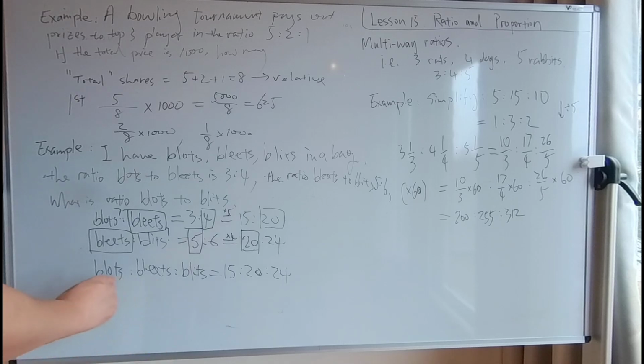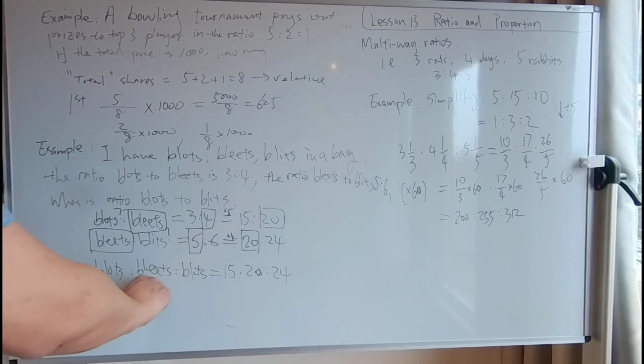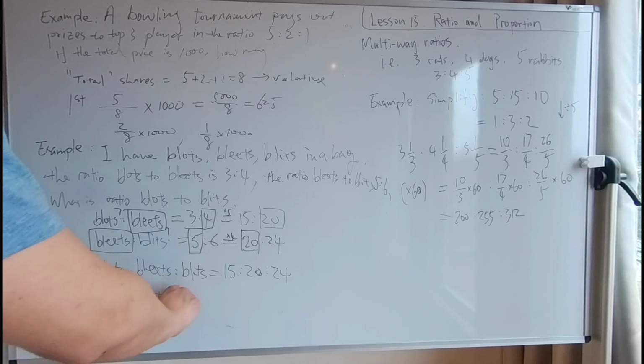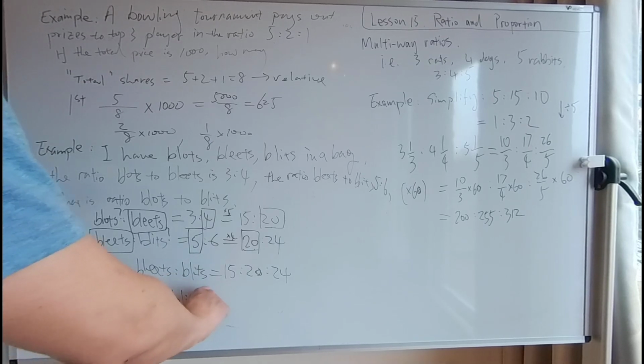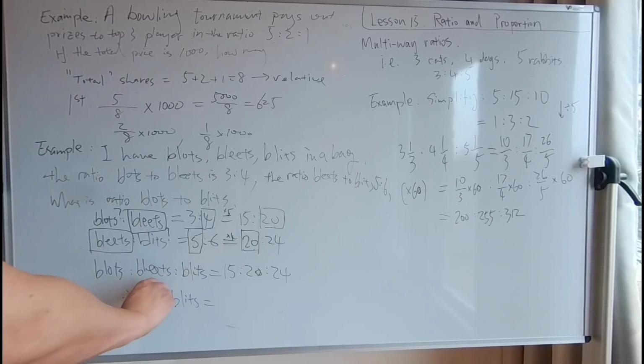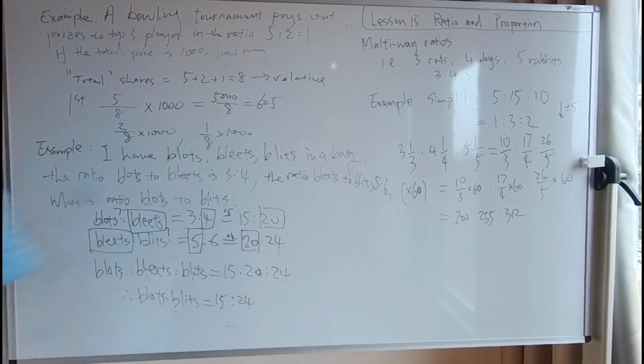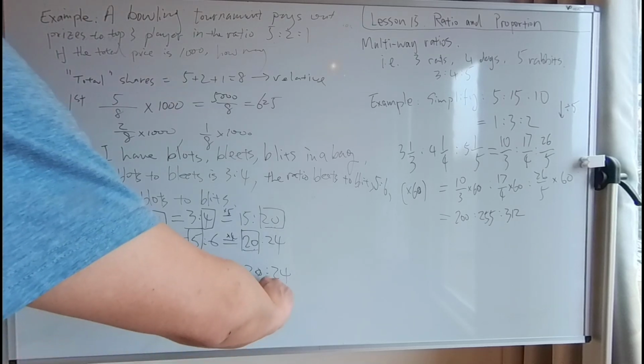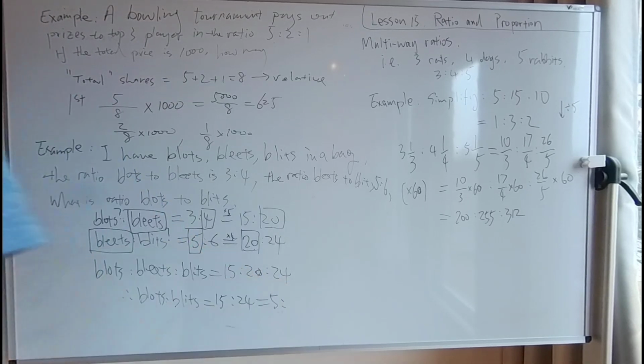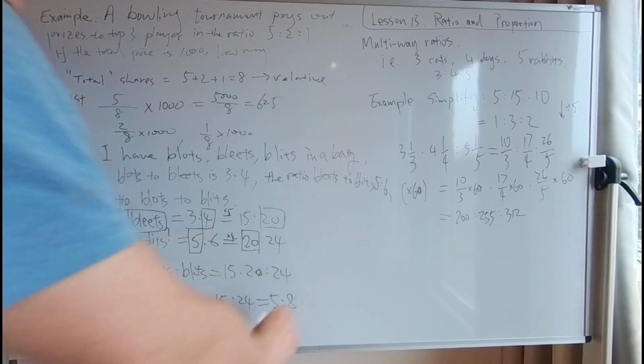And if we already have the ratio between all three quantities, then of course the ratio between any two quantities can be taken out. For example, blots versus blits will be 15 versus 24. I see a common factor of 3, so you can at least simplify this to 5/8.